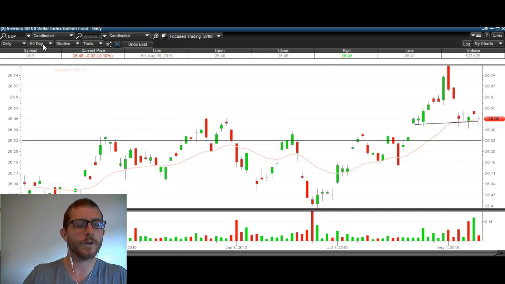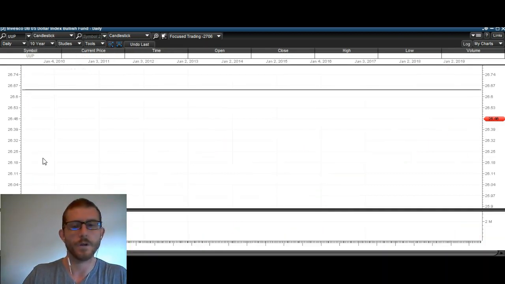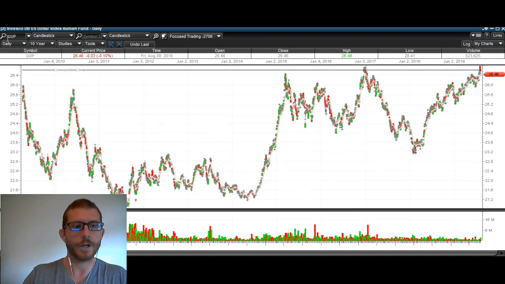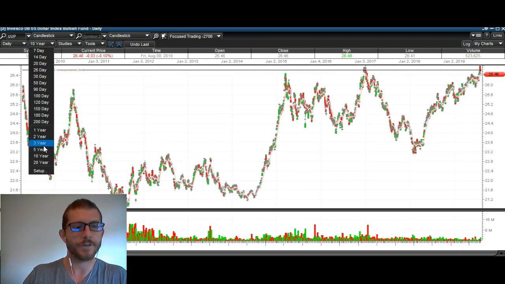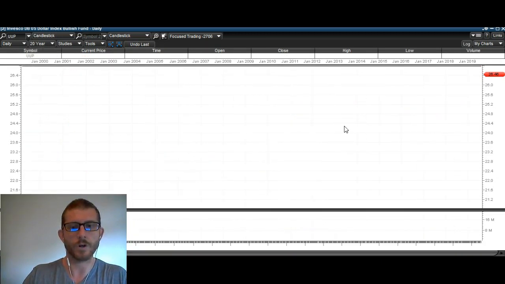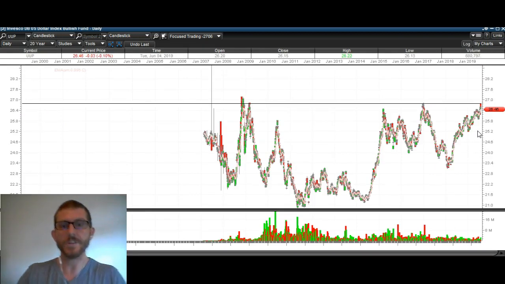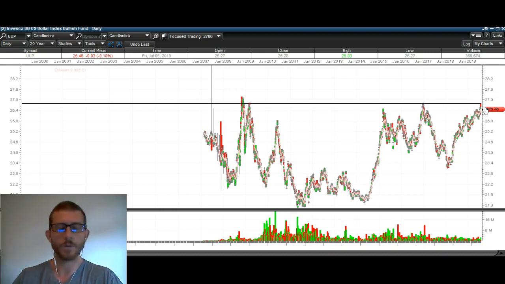Now I want to discuss the longer term view here, and I'm going to go out even longer than that. You can see that over the last 12 years or so, we have not broken over this level here where we peaked a couple weeks ago on the dollar chart.